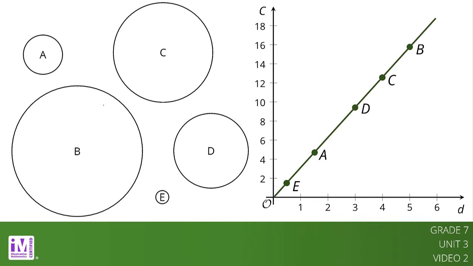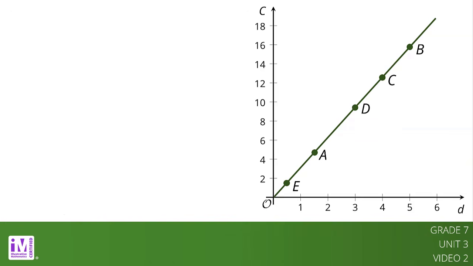In fact, there is a proportional relationship between the diameter and circumference of any circle. We can write the equation C = kD, where C is the circumference, D is the diameter, and k is the constant of proportionality. The exact value for the constant of proportionality for this relationship is called pi.